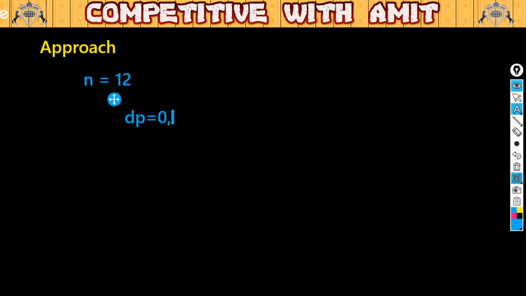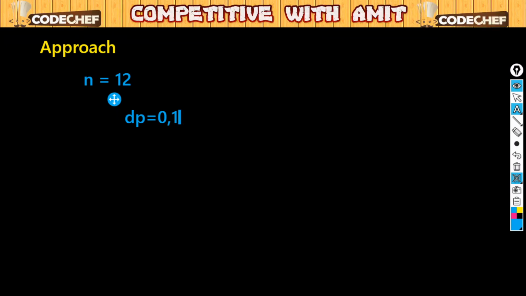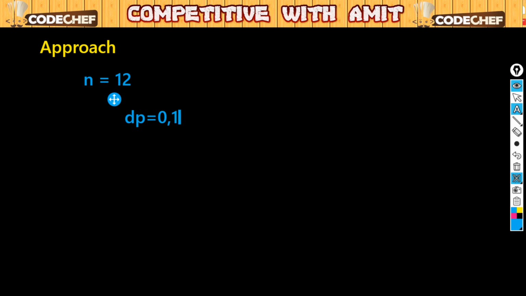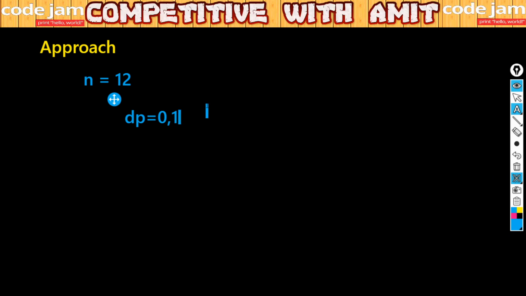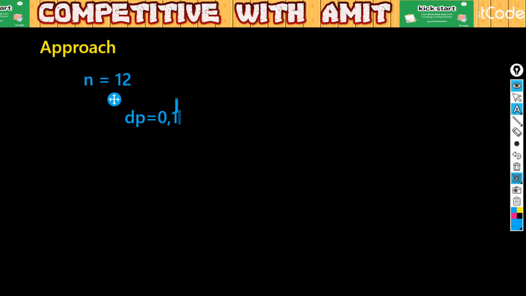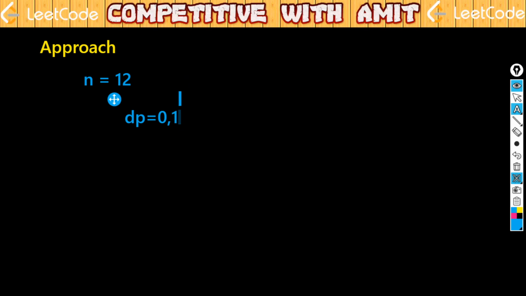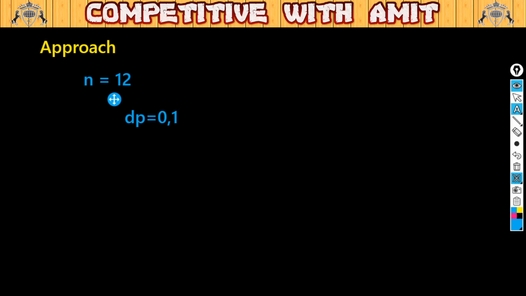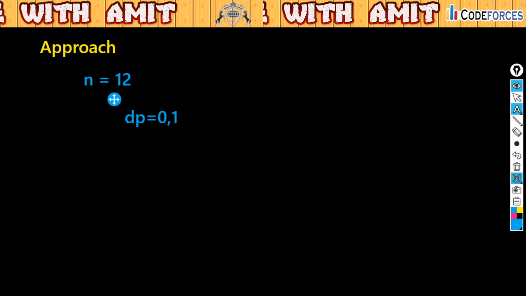Now we will initialize the first index, 1, also. If you do not want to initialize it, leave it, we will initialize it after some time, but in my case I am initializing it. This 1 represents that to make 1 we require 1 number only. Now we will discuss all the other numbers.